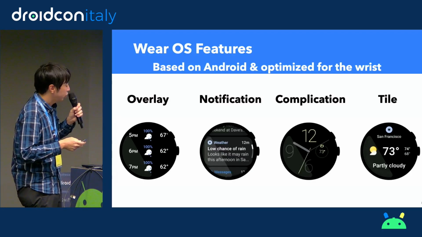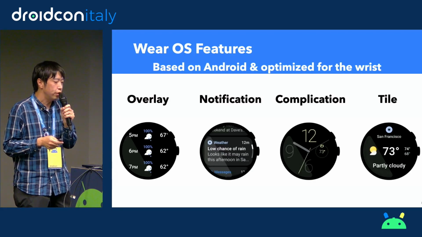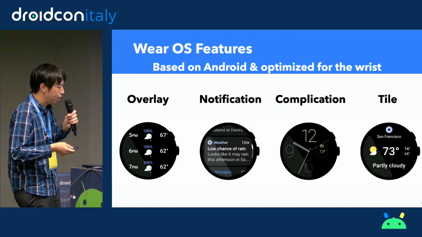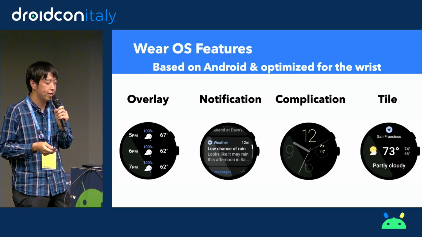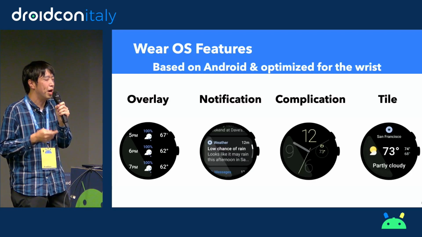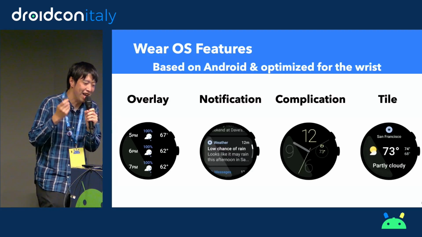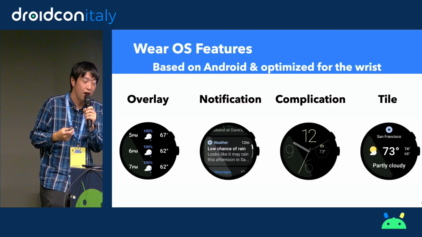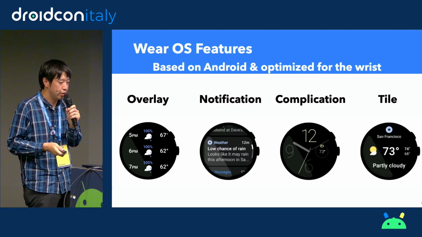Second one is a notification. It's very similar to ones on mobiles. We can easily confirm some updates such as a new message from my boss, oh my god, or some happy updates from my friends on our list without checking my smartphone.